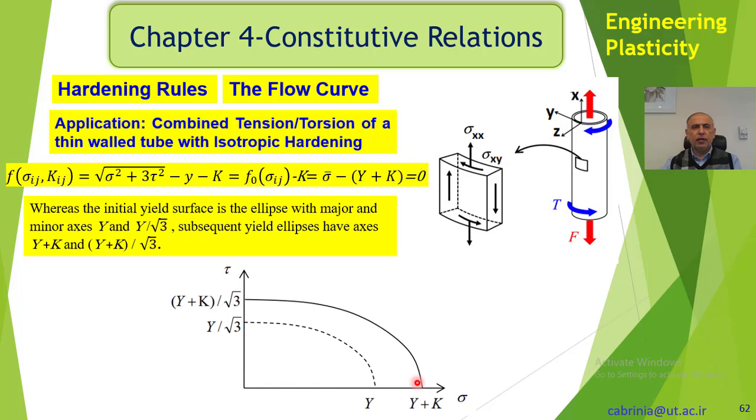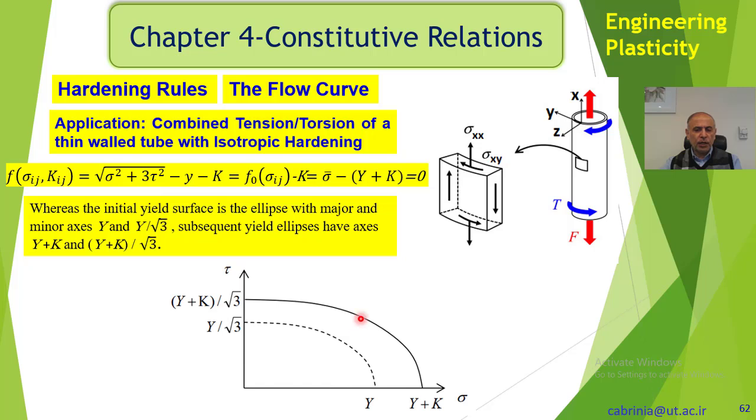Because if we take the strain hardening effect, then if we unload this thin cylinder and then load it, the initial yield surface now is this, not that. In fact, it doesn't yield if I load it to a point like that.